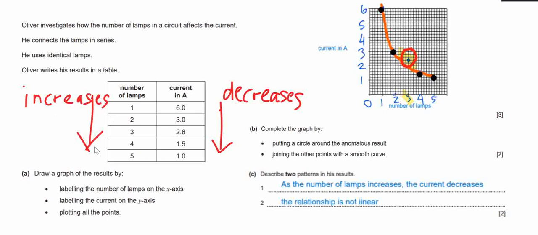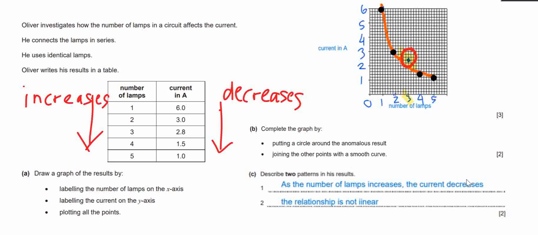So one parameter increases, the other parameter decreases. You have to observe the pattern of the data. Or we can see from the graph, the number of lamps increases, but the graph is sloping down. It means current decreases. So that will be our answer: as the number of lamps increases, the current decreases.